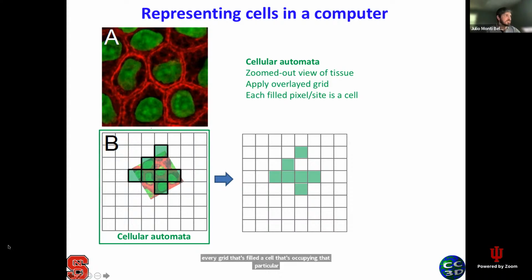Here you just overlay a grid on your system of interest, and whenever there is a cell nucleus, you fill this grid with some number that represents that there is a cell there, and maybe the number represents the cell type. And then for this tissue you have 7 cells here, and this is the spatial distribution of those cells. So that is a way to represent your model using cellular automata.